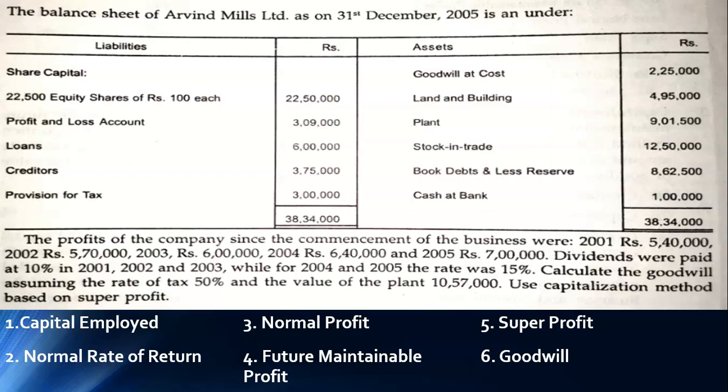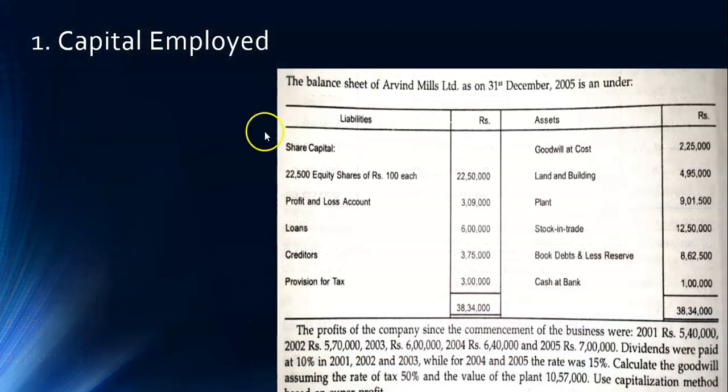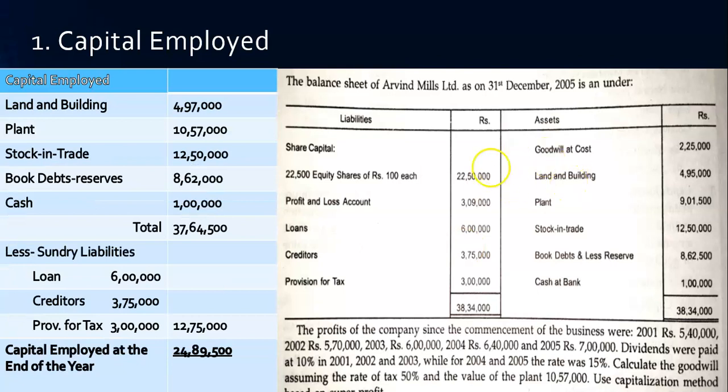So now we are moving to the next slide, which is first one, capital employed. How are you going to calculate capital employed? You are going to add all these assets and thereafter reduce the external liabilities, and at the end whatever you get will be your capital employed at the end of the year. Land and building, it is 4,95,000, it is 4,90,000. Plant 10,57,000.